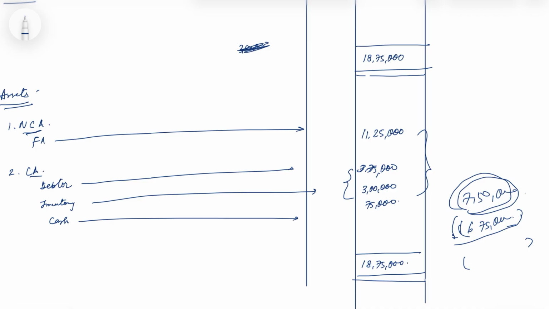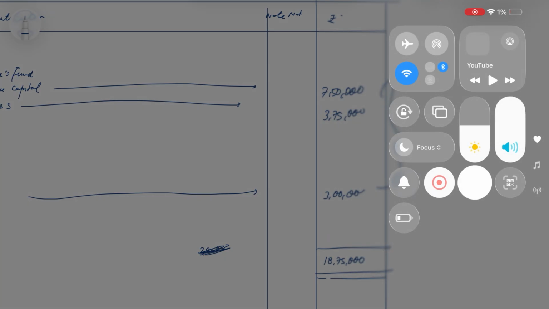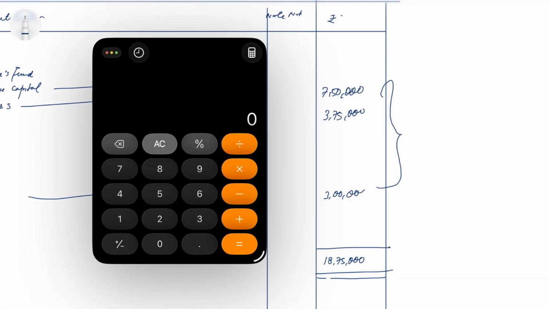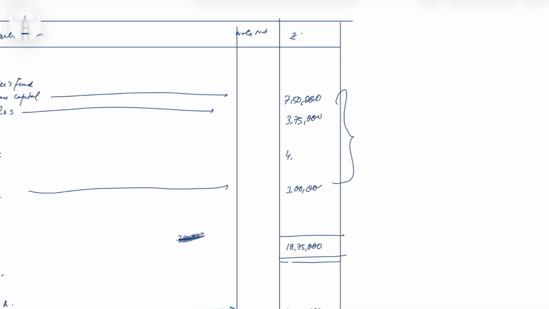The liabilities sum to 7 lakh 50,000 plus 3 lakh 75,000 plus 3 lakh, so the difference is 4 lakh 50,000.